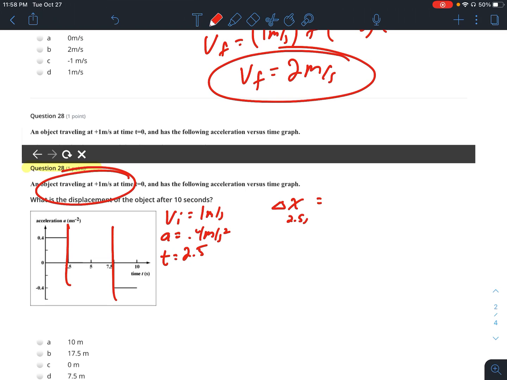Just putting that as a subscript. So my displacement, this was 0.4.